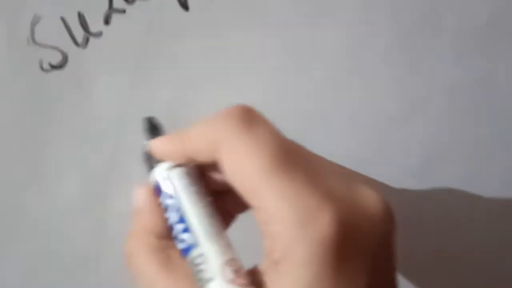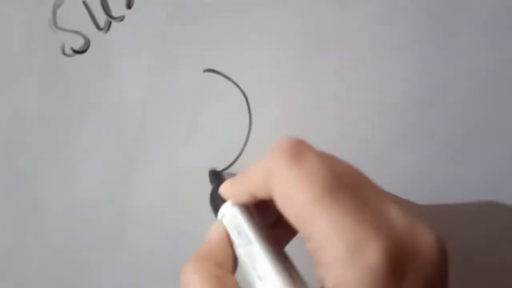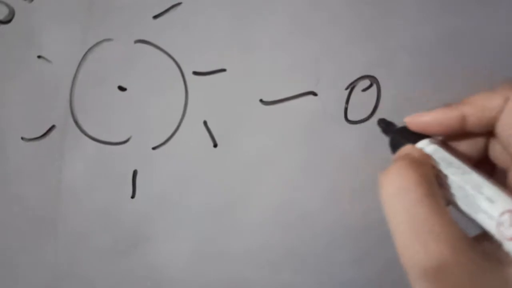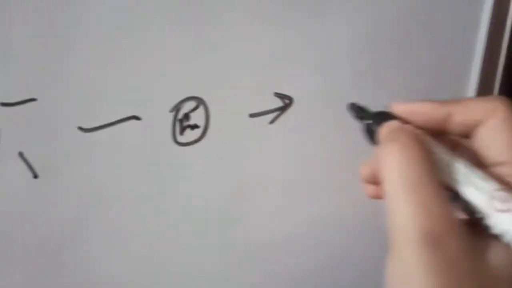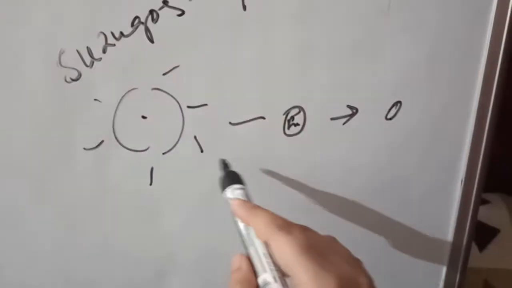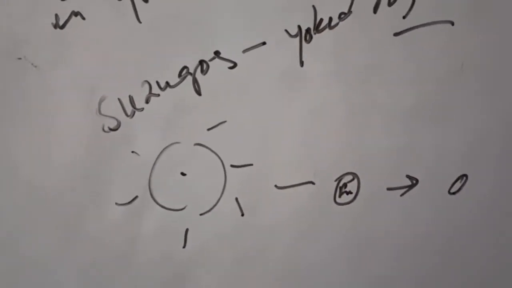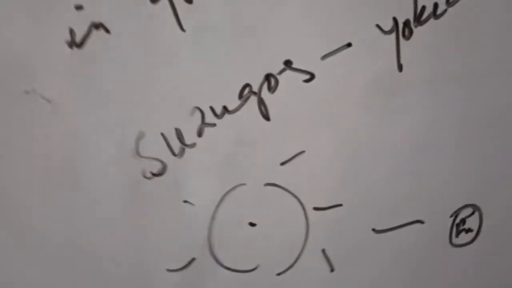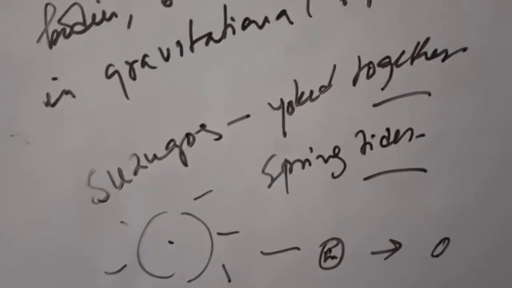If I draw the picture of the syzygy position, the sun will be on one side, in the middle we have the earth, and on this side will be the moon. This is what the syzygy position means. This syzygy position is also related to the spring tides, which I have explained in the last video.